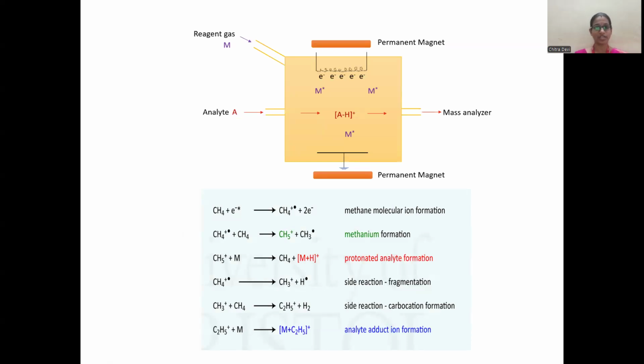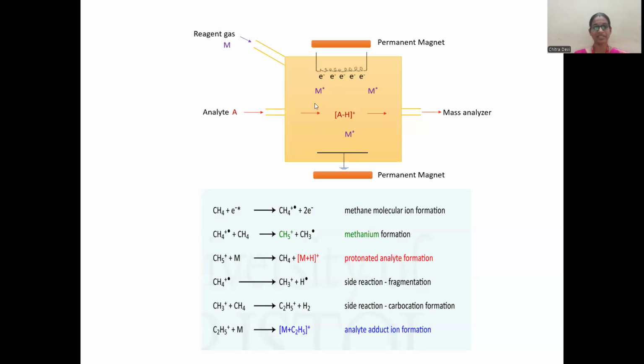In this diagram, you can see the reagent gas coming in the topmost sector. You can see analyte A will be inside and M will be your reagent gas. Mostly methane is there. That M plus will be M star and A will be the analyte.